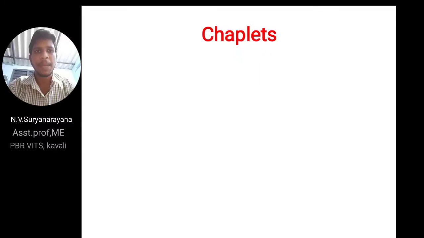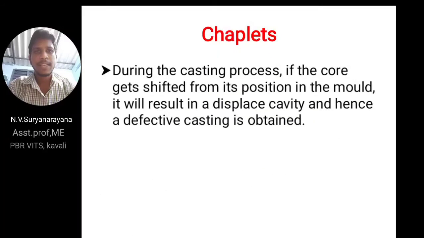And after that, chaplets. I already told you about chaplets. During the casting process, if the core gets shifted from one position to another in the mold, it will result in a displaced cavity and hence a defective casting is obtained.